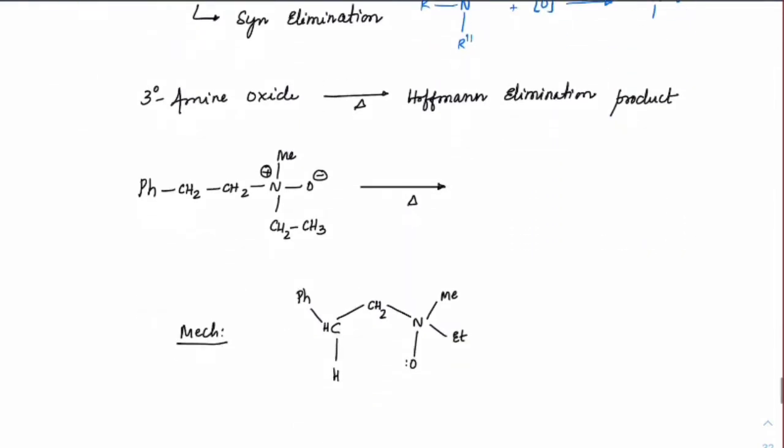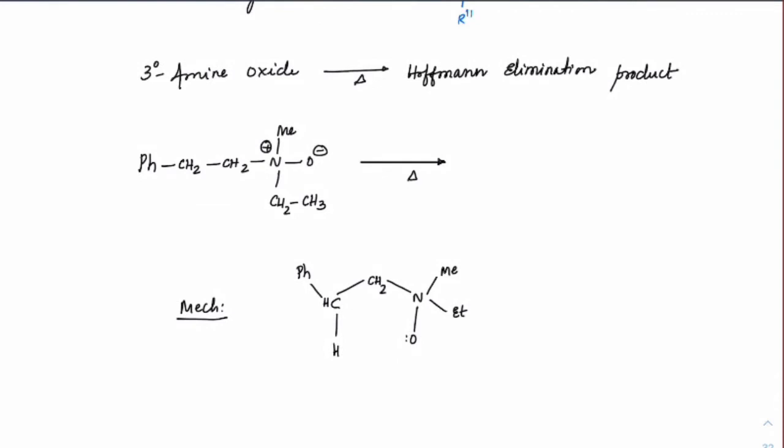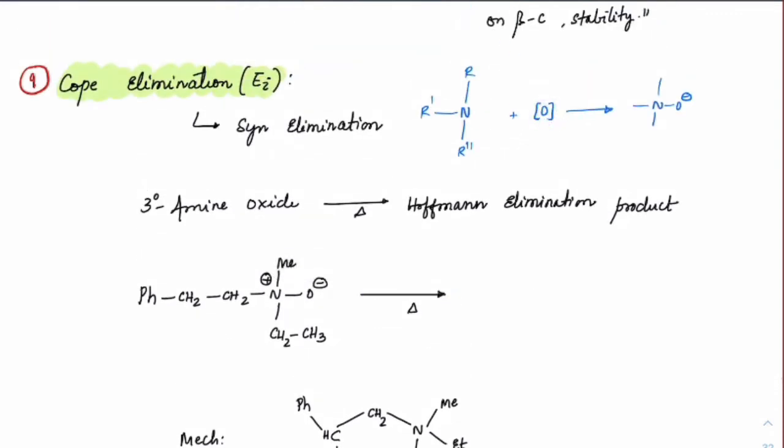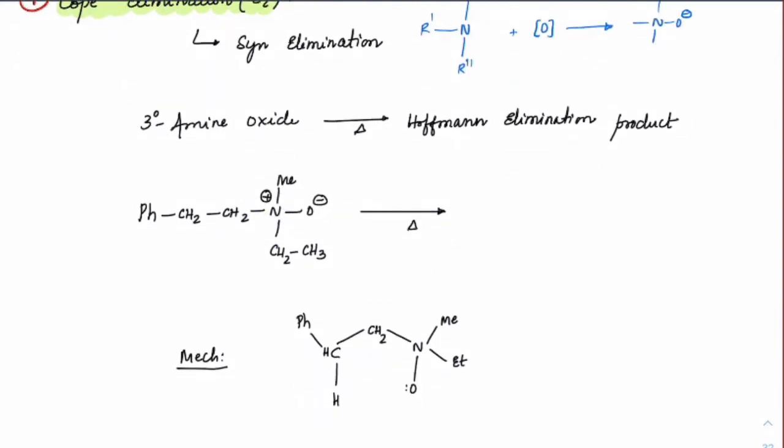So how does it happen? Imagine by this oxidation we got this amine oxide. On heating, we have to check the alpha and beta positions here. This is alpha, this is beta. This O minus will extract a proton from this beta, and we will get PhCH=CH2 plus NMe, CH2CH3 and OH.